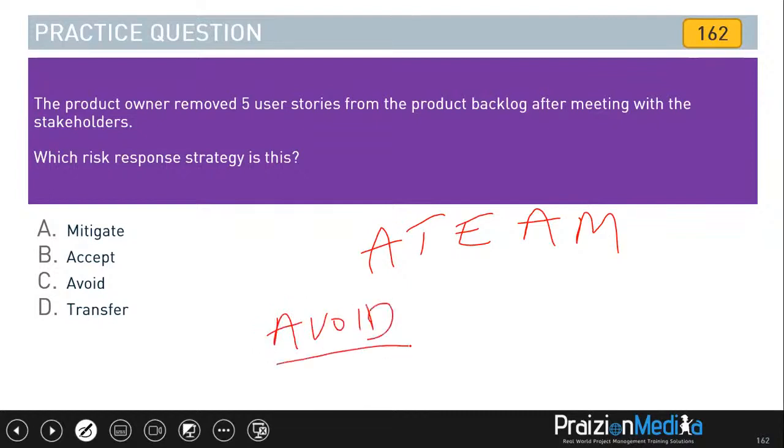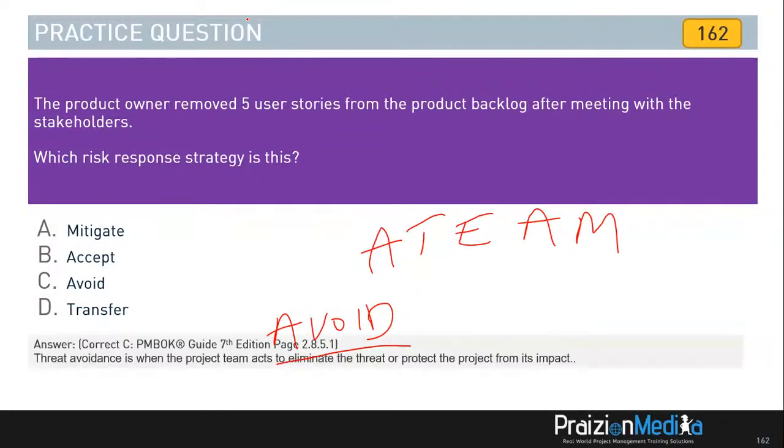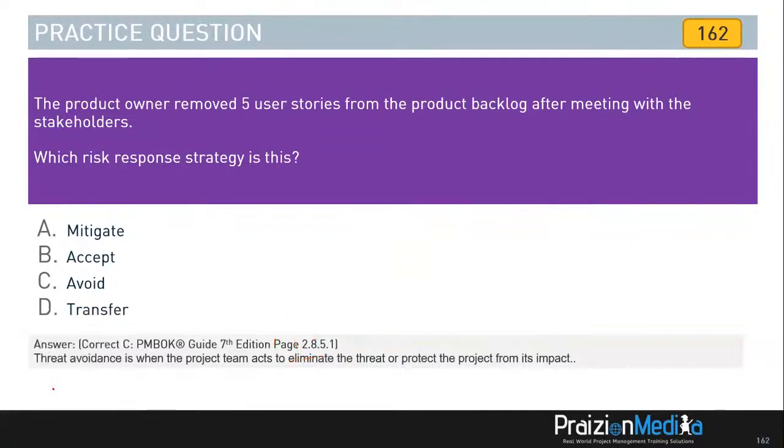You've not mitigated because there's nothing left. You've cut it off. You've cut off the problem. Okay. So the best answer here, my friends, is avoid. The avoid strategy. Whenever you cut off some of the scope, just remember that is an avoidance strategy.